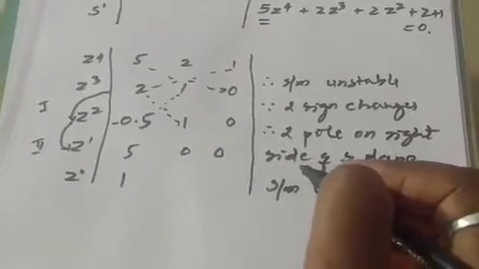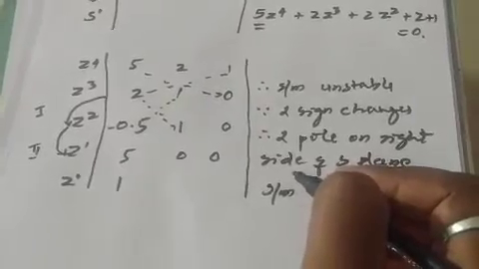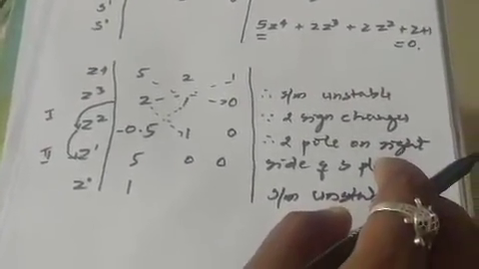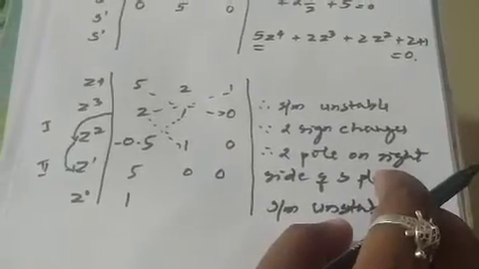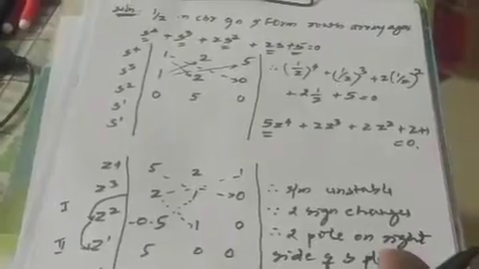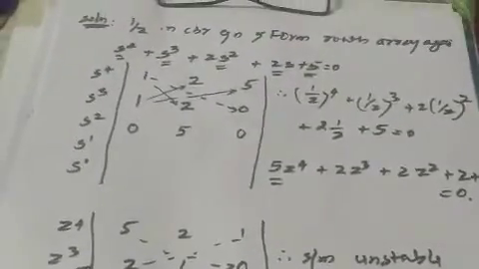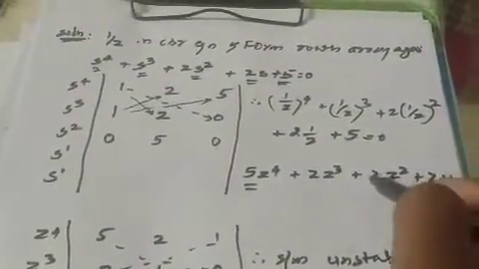If you are getting the first element of any row as 0 and the remaining coefficients of that row may be 0 or non-zero, no problem. But if the first element is 0, you don't proceed next. What you have to do? Your original characteristic equation of the given system will be replaced, S will be replaced by 1 over Z, and simplify that Z equation.